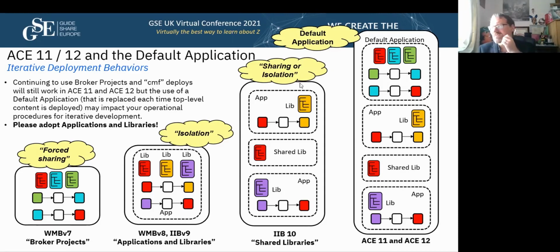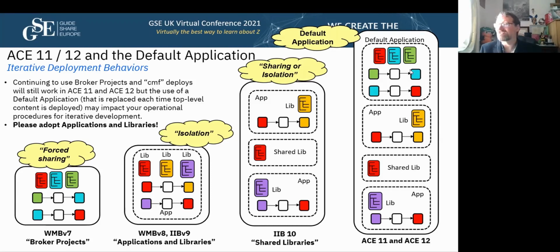But through all of this, we've had this concept of the default application, which is very similar to this forced sharing project that we had right at the start. What we're trying to say is, try and move away from the default application, because it really doesn't fit in with this nice shared library, application isolation concept that we currently have.